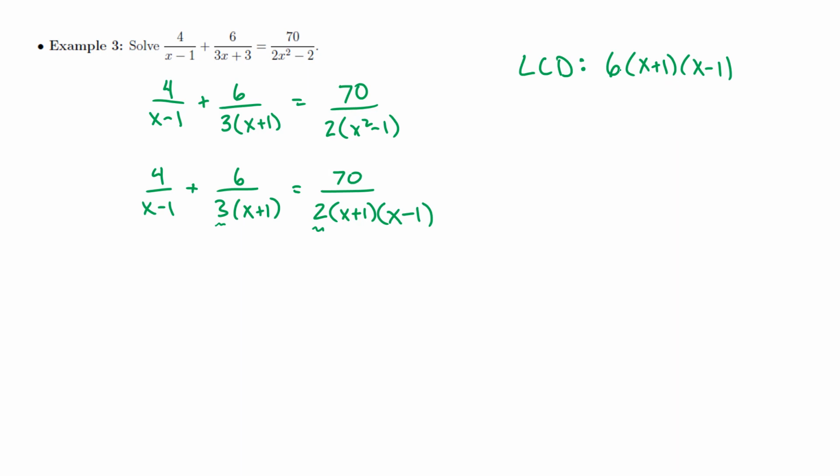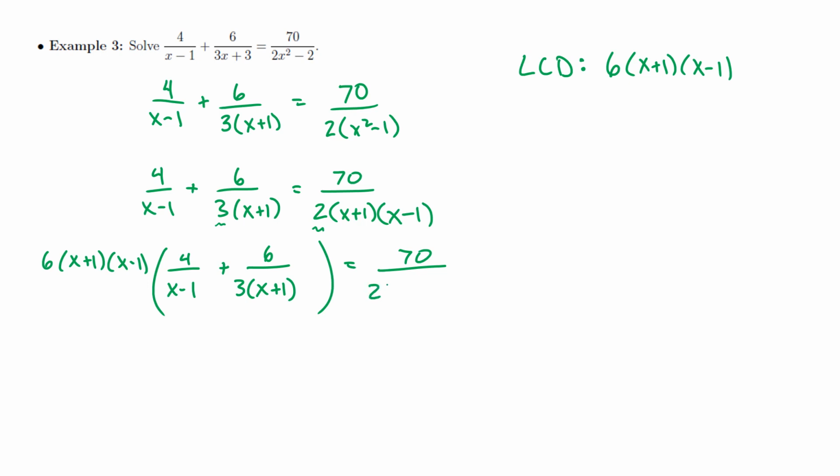All right, so then I can multiply through by all this stuff. So we have 6 times x plus 1 times x minus 1. I'm multiplying that by this left side. Lots of writing here.